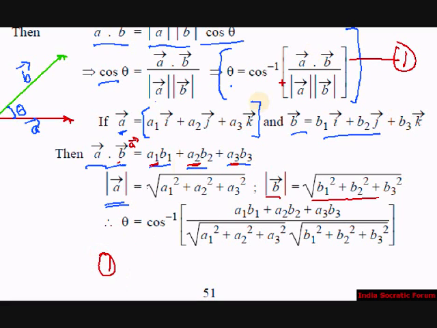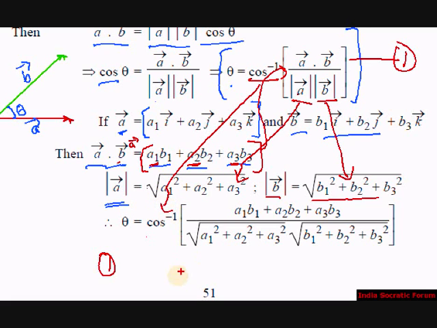So we found A dot B vector, put it here, and just substitute the values of modulus of A vector and modulus of B vector, and this is what you get. Since you want to put the cos inverse, bring it down here, that's it. So we got the substituted equation.